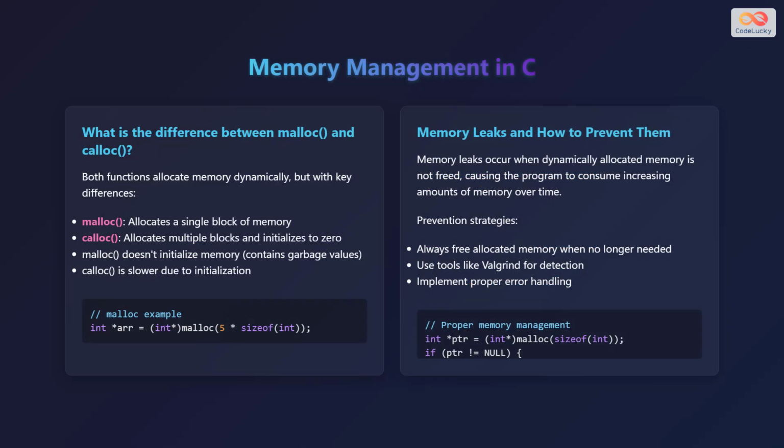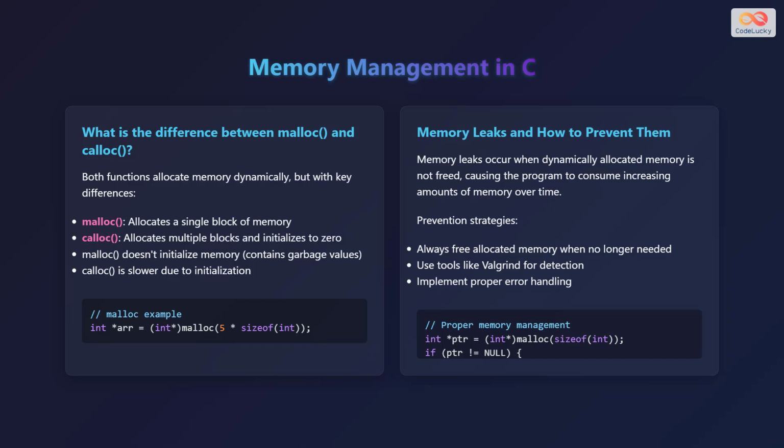Here we'll explore memory management in C. Let us first understand the difference between malloc and calloc. Both functions allocate memory dynamically, but with key differences. Malloc allocates a single block of memory, while calloc allocates multiple blocks and initializes them to 0.